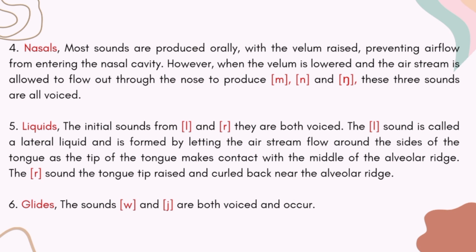The l sound is called a lateral liquid and is formed by letting the airstream flow around the sides of the tongue as the tip of the tongue makes contact with the middle of the alveolar ridge. For the r sound, the tongue tip rises and curls back near the alveolar ridge. Number six, glides. The sounds w and y are both voiced.